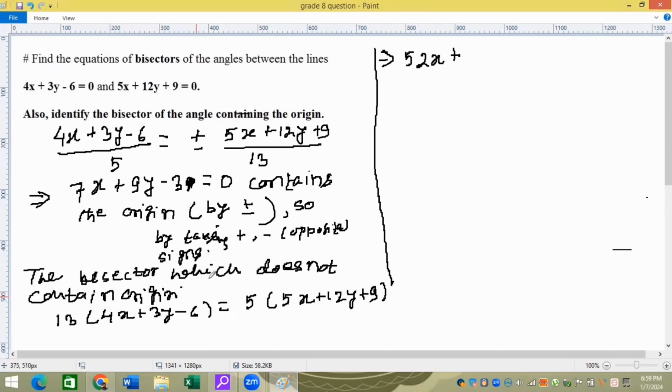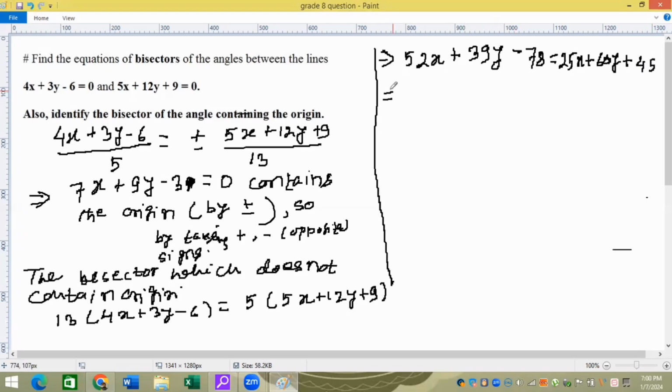Then multiply 13 with 3, it is going to be 39y. And then minus 13 times 6 it is 78 again. And here there will be no sign change, just multiply with 5. So 5 times 5 is 25x. And then plus 5 times 12 is 60y, right? And then we have again plus 9 times 5, which is 45. So you write here 45.